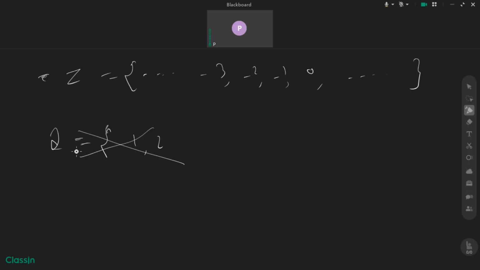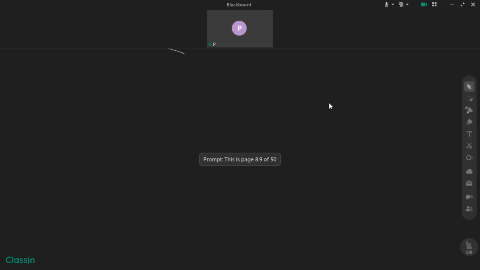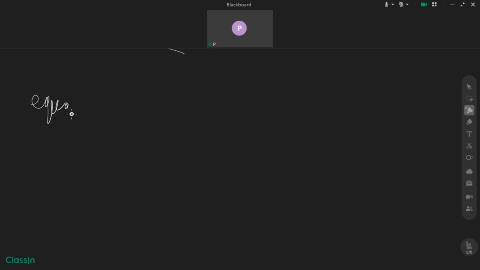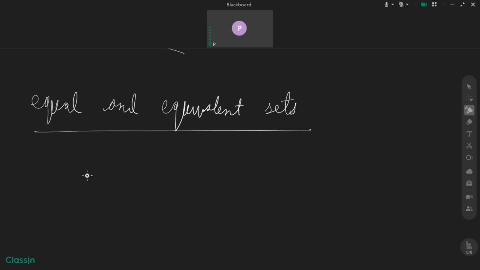Now let's move to the next topic, that's equal and equivalent sets. If two sets have the same elements, we'll say they are equal.